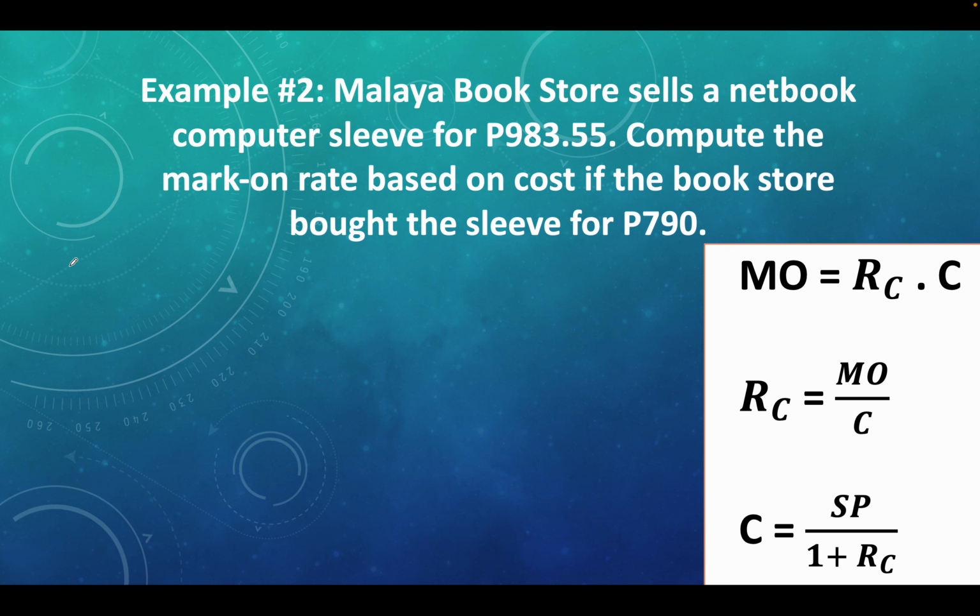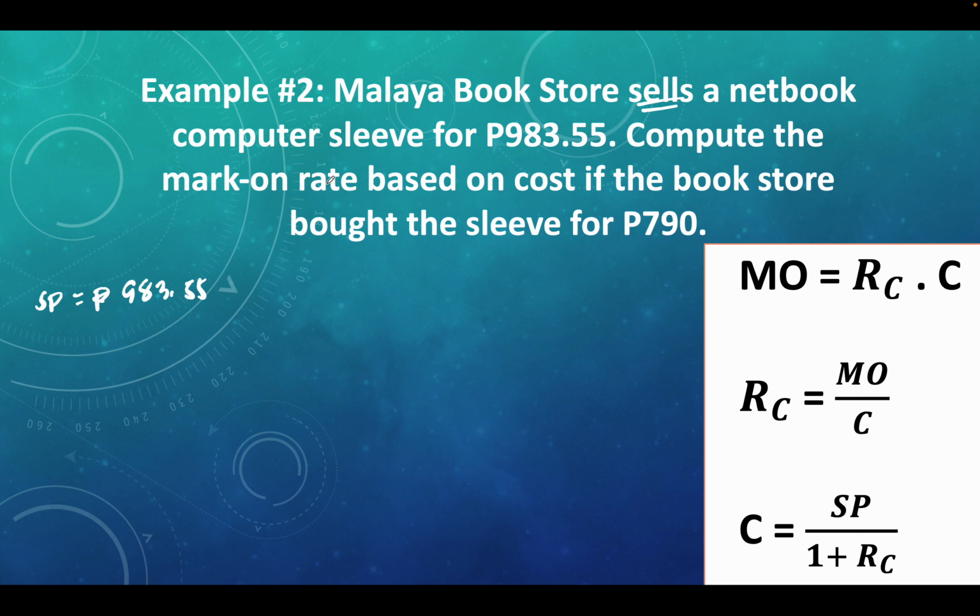Identify natin yung given natin. Malaya Bookstore sells a netbook computer sleeve for 983.55. Kasi sinabi natin sell, that will be the selling price. So, selling price is equal to 983.55.